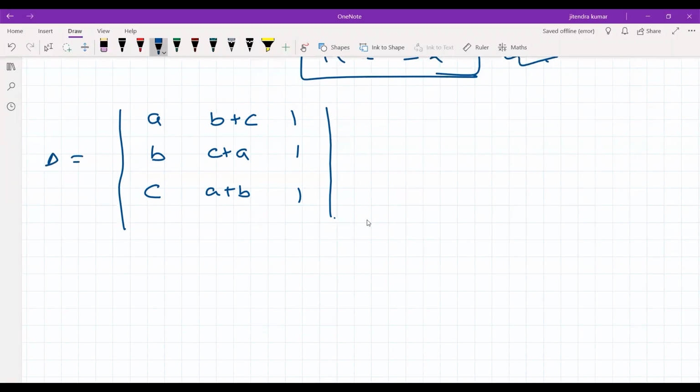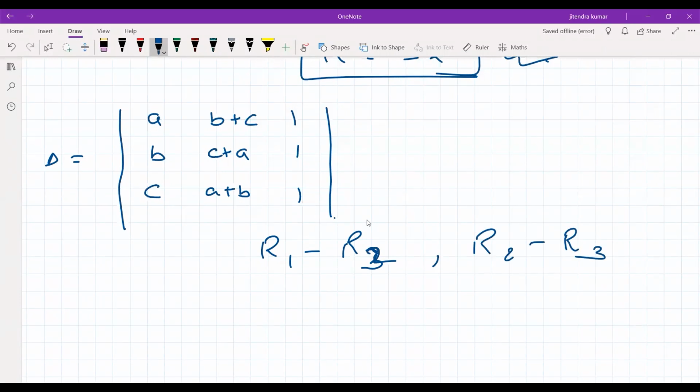You can use the properties of determinant, but it is not necessary because it is not written here that you have to use properties of determinant only, but you can apply the properties here to make it easy. Like if we subtract R1 minus R2, and then you can apply directly R1 minus R3 and R2 minus R3.